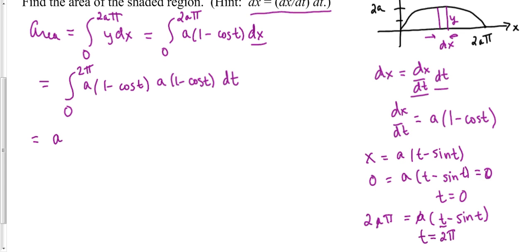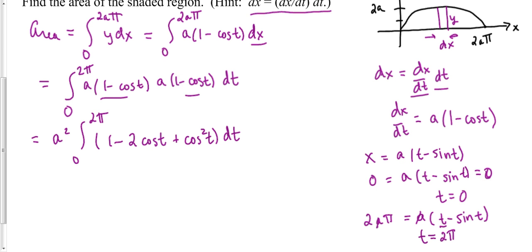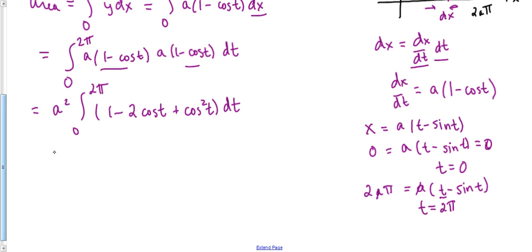Now I can pull out an a squared here, and then I'm going to perform my algebra. I'm going to multiply this by this, and I'm going to get 1 minus 2 cosine t plus cosine squared t, dt. Then I should be able to integrate this term by term. So I'm going to have my a squared.